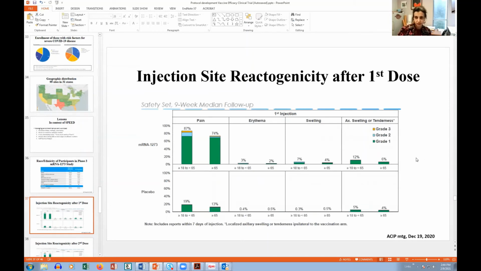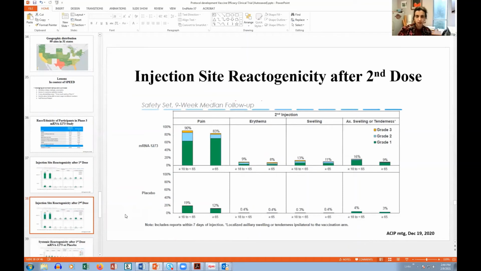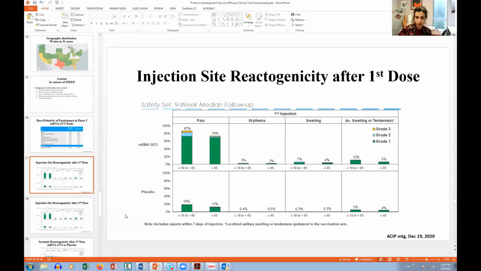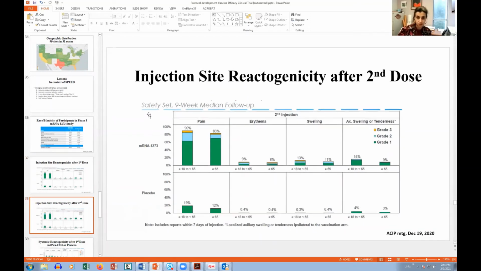The vaccine reactogenicity after the first dose: this is in younger, this is in older persons. You can see the difference between the vaccine and placebo in terms of injection site reactogenicity after dose 1. The majority of it was pain. But if we go between here and here, you will realize that dose 2 was more reactogenic.